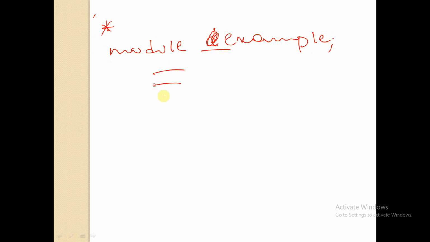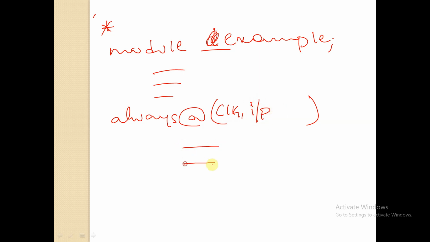My next question is: I've written a module, and I've declared some input ports, and I've written always at the rate clock comma input, and I've declared some statements inside this begin and end, and ending the module.